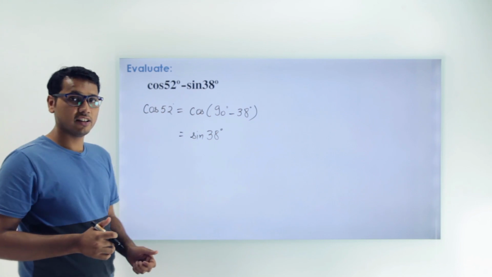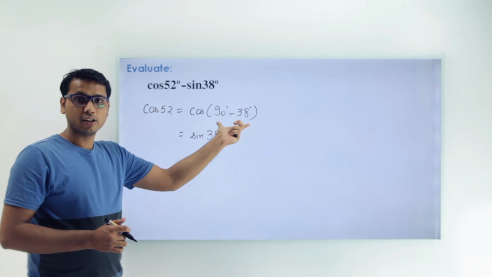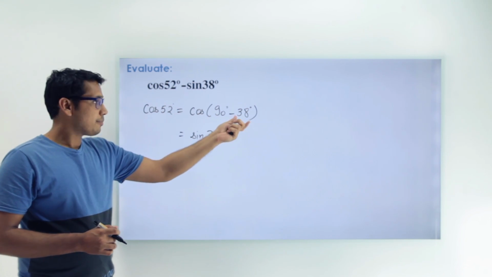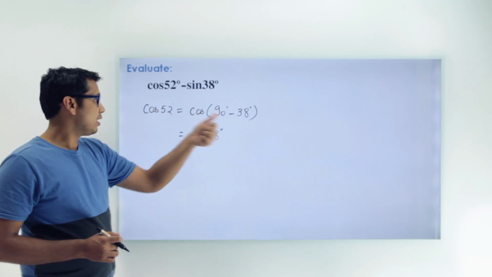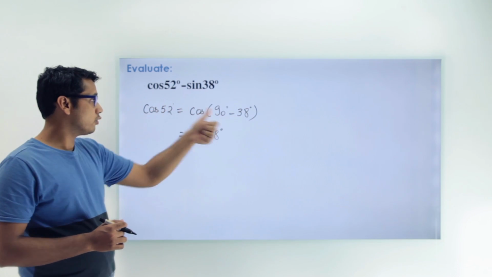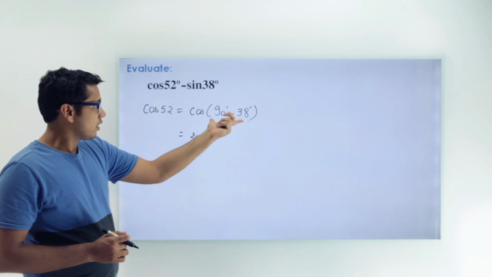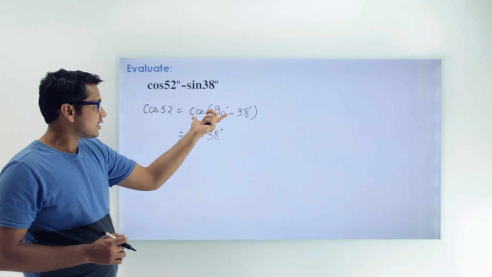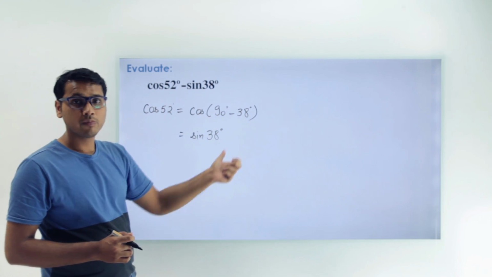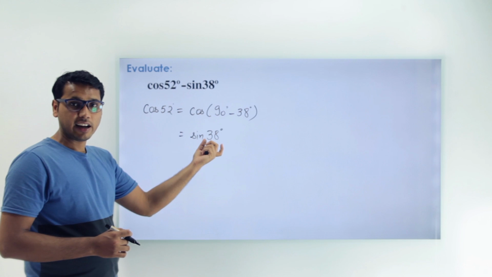So all we have done is break this angle in the terms of 90 minus some angle format, and that particular angle will be complementary to 52 degrees. That means the sum of 52 and this angle must be 90 degrees. So now we can change this function cos of 90 minus some angle into its complementary trigonometric function, that is sine of that angle.